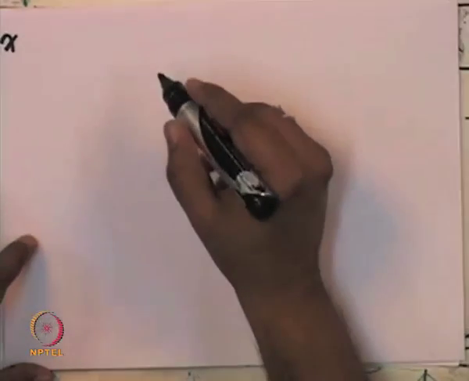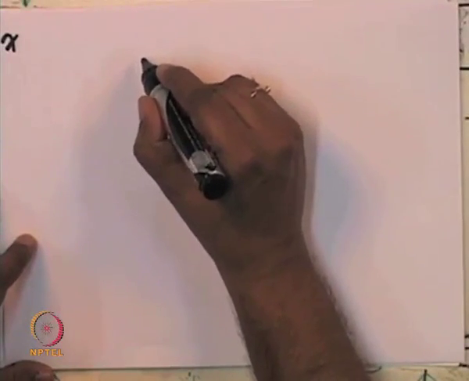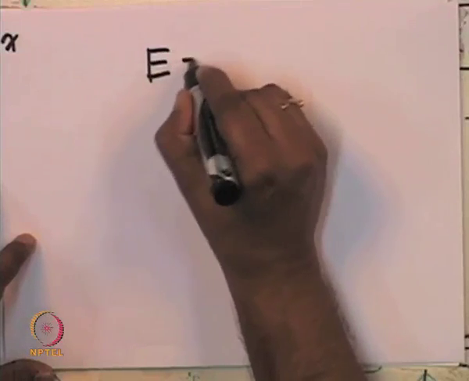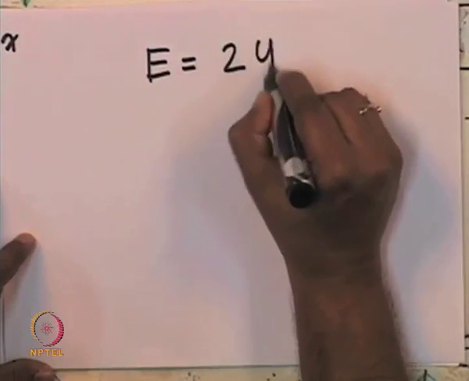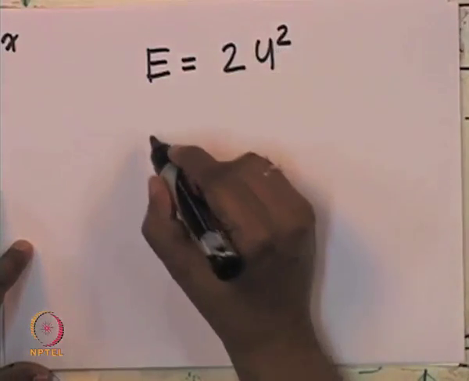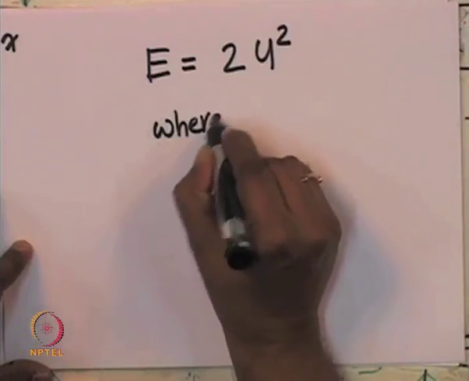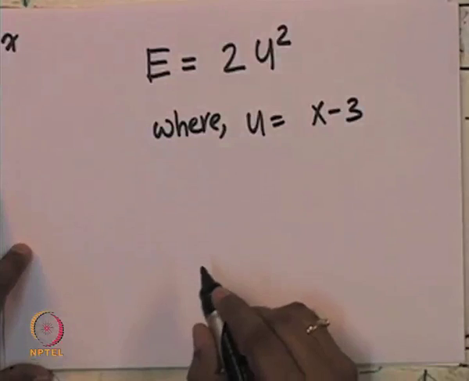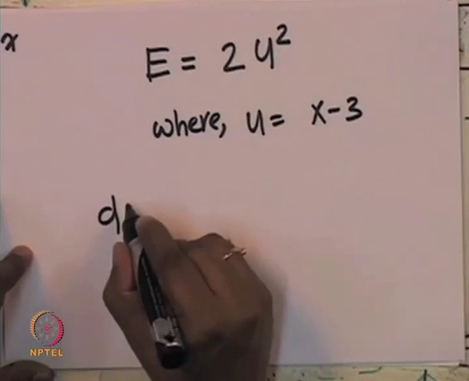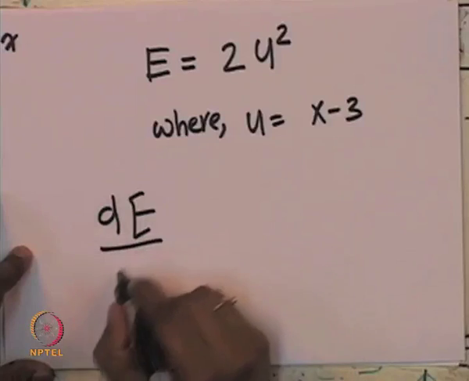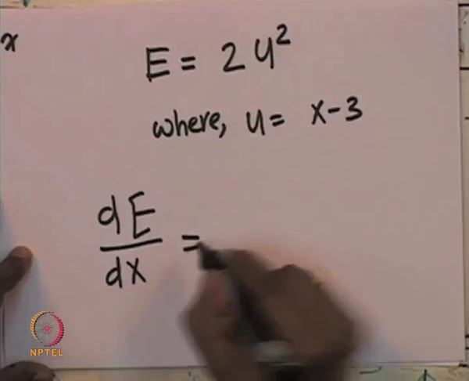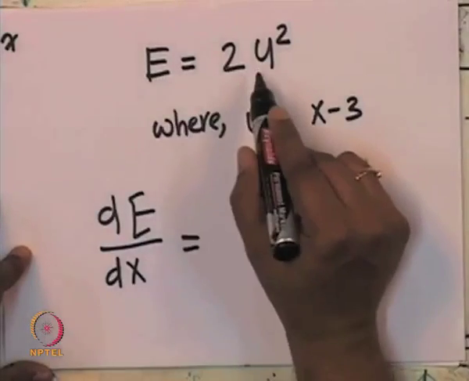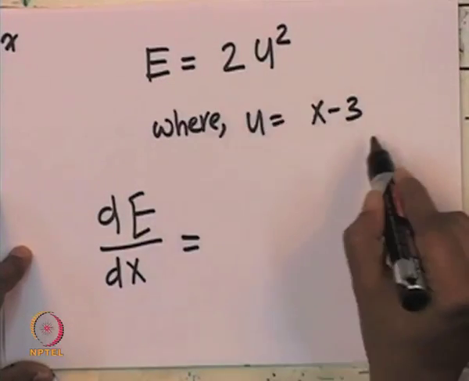What we have here is that y, which is our energy, is 2u squared, where u equals x minus 3. So, if we want to find dE by dx, the rule we learned is that E is a function actually of u first and u is a function of x.